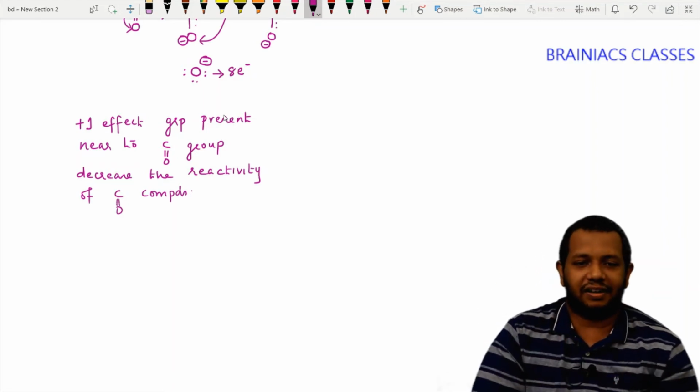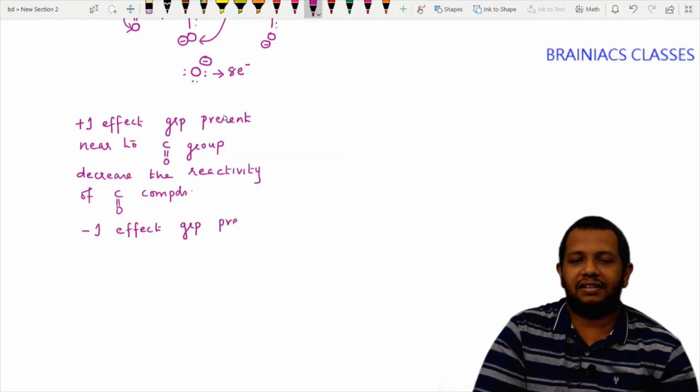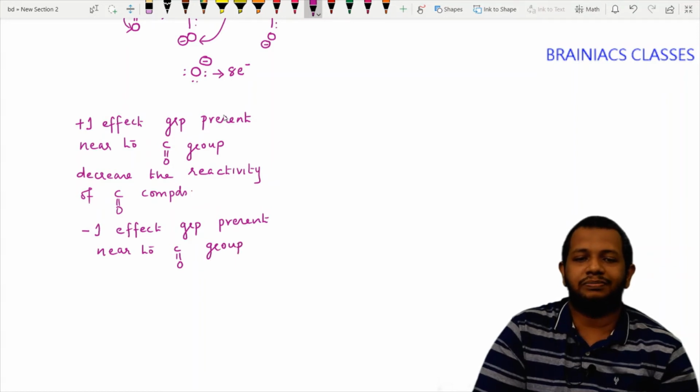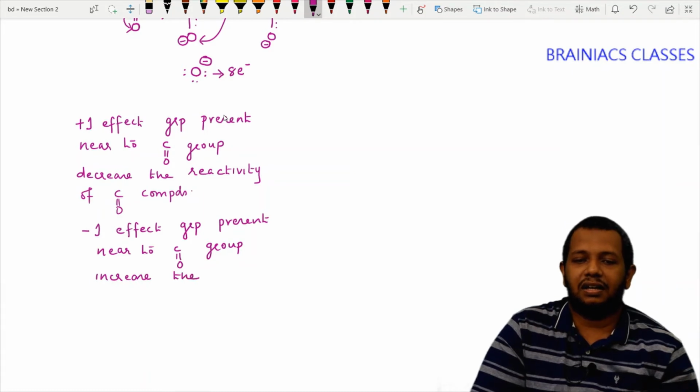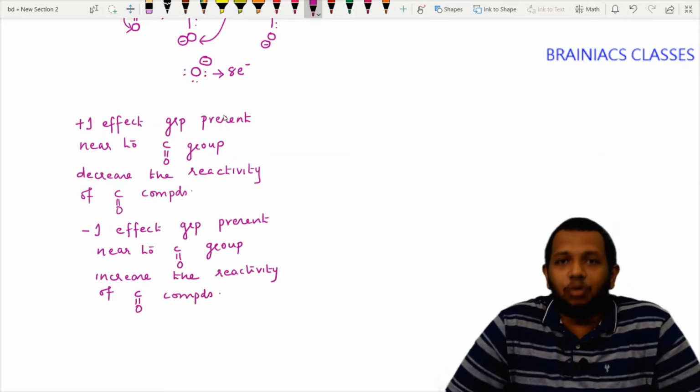So I can say the reverse: a minus I effect group present near to the carbonyl group increases the reactivity of carbonyl compounds. Clear? So you got a good conclusion here.